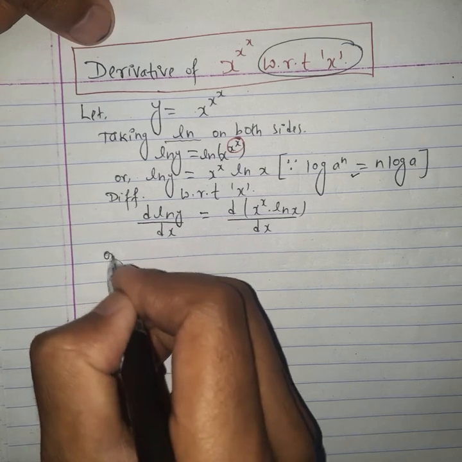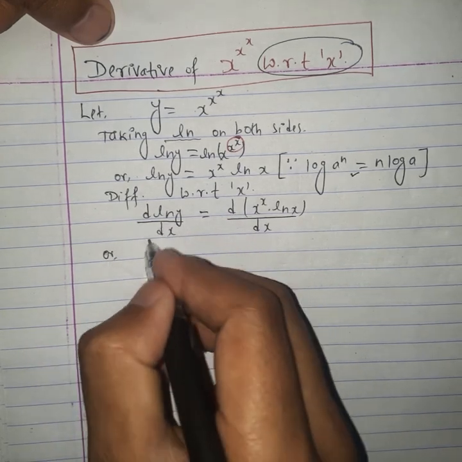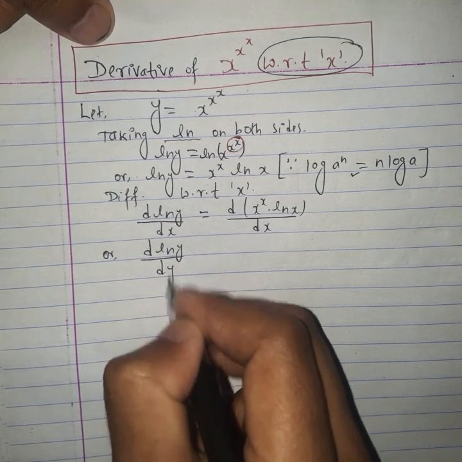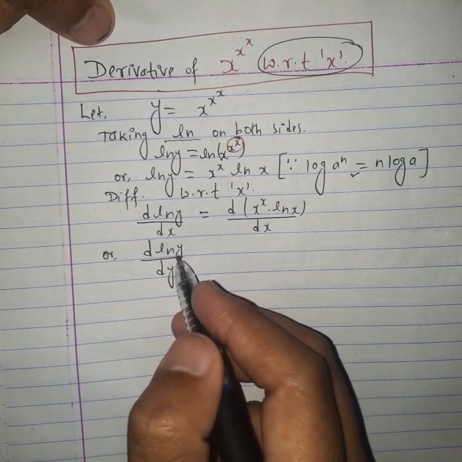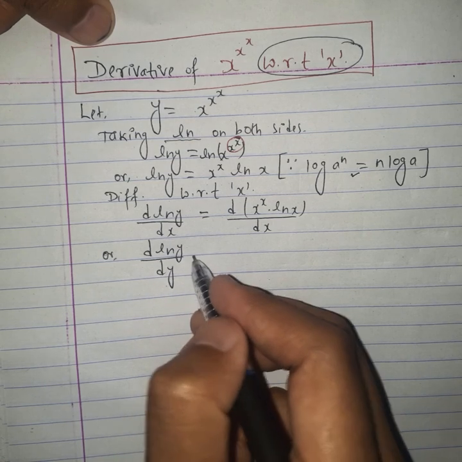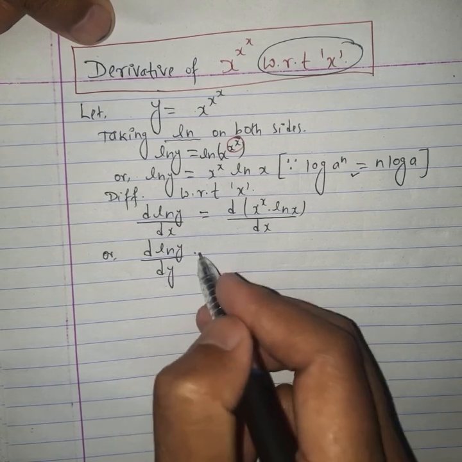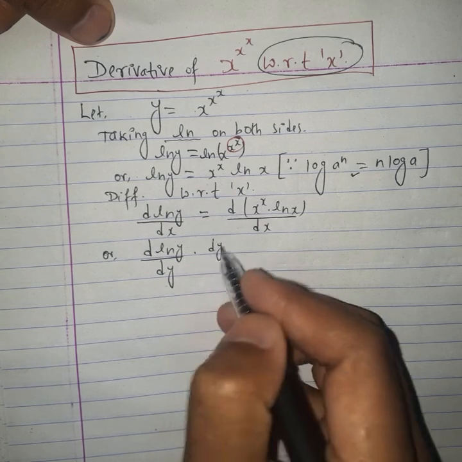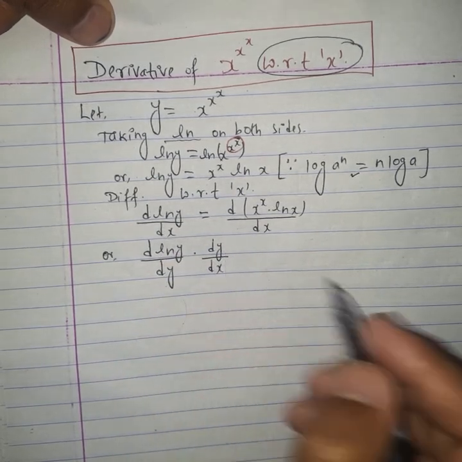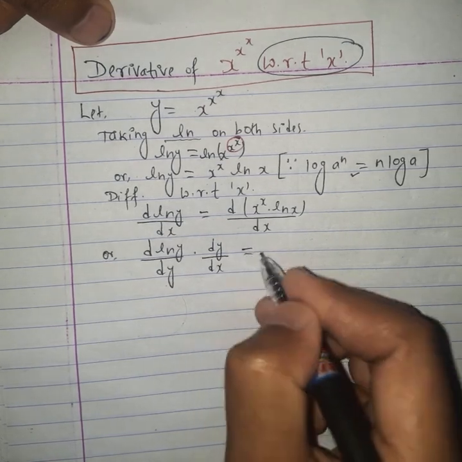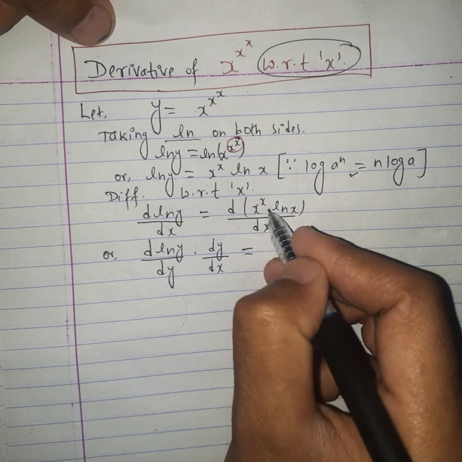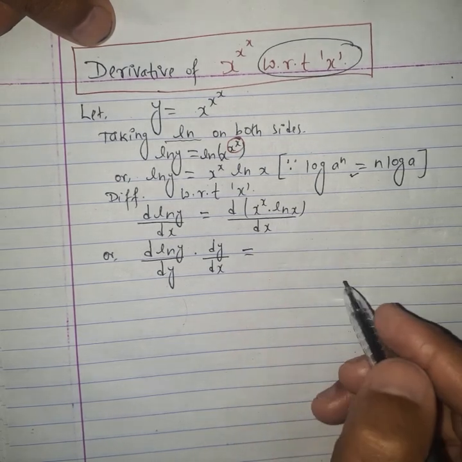Let's simplify this. It can be further written as the derivative of ln y with respect to y. Here this function is a function of y, so differentiating with respect to y, we do an extra dy, so for balancing we also multiply by dy over dx. Here we use the chain rule, and on the right hand side we can use the product rule of the derivative, since the two functions are in product form.